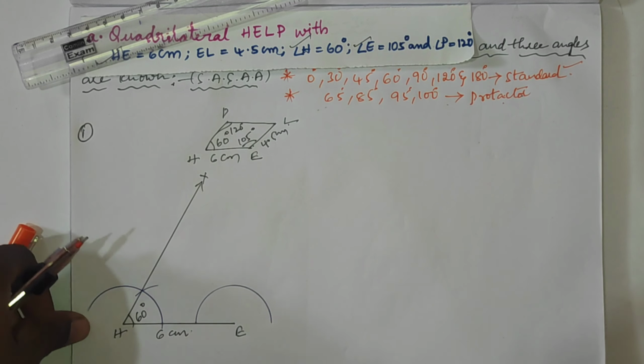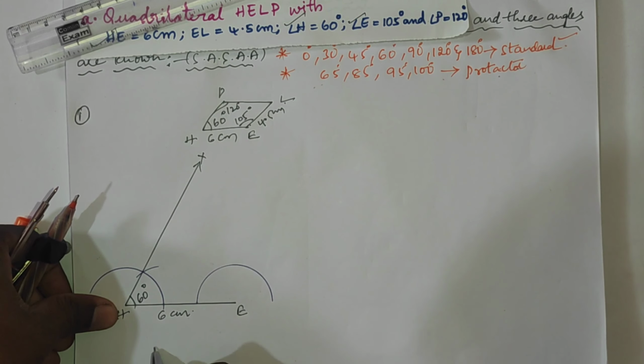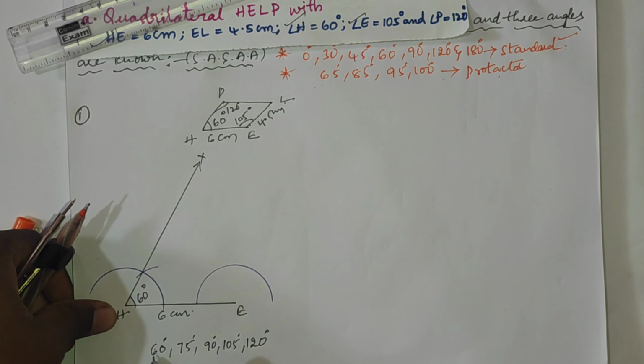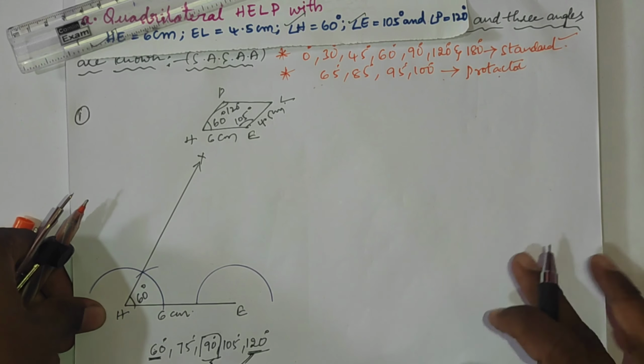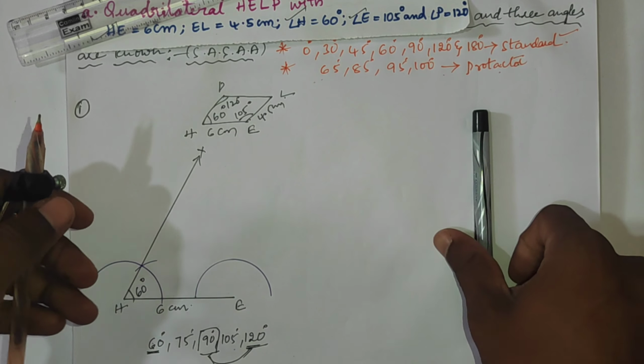We will write some angles here: 60, 75, 90, 105 and 120. See, between 60 and 120 what lies? 90. Between 120 and 90 what lies? 105. So to construct 105 degrees, first construct 60 and 120.